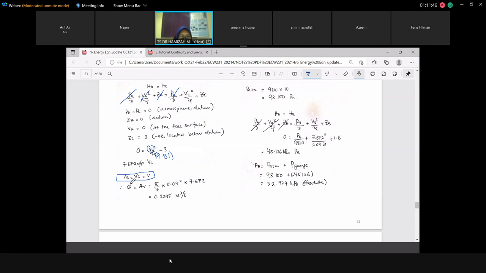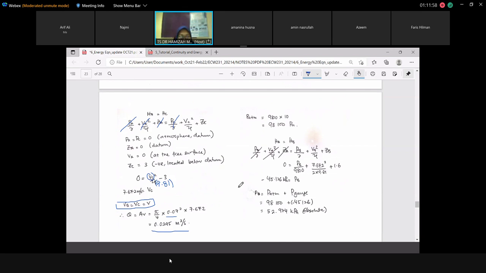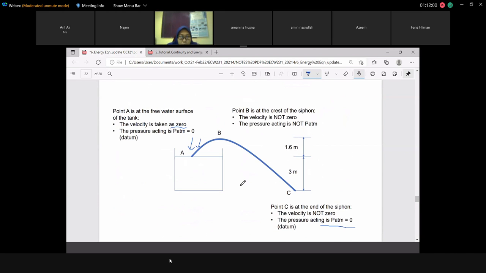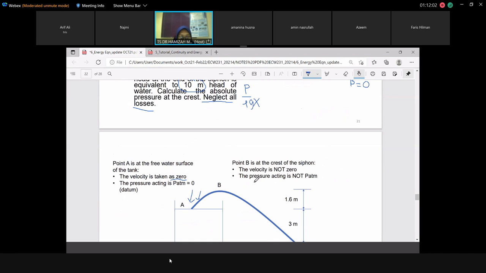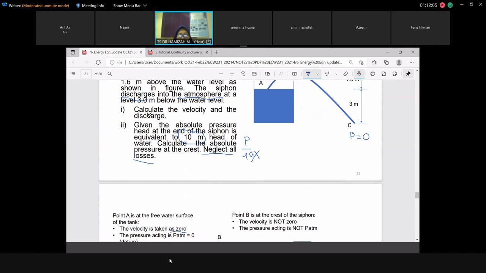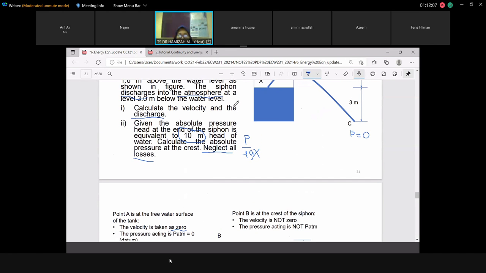The diameter is 0.07. Okay, so we already know the discharge flow. It asks for the discharge, so we have to calculate it.